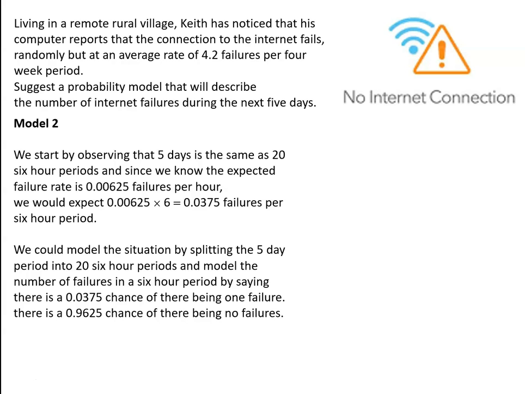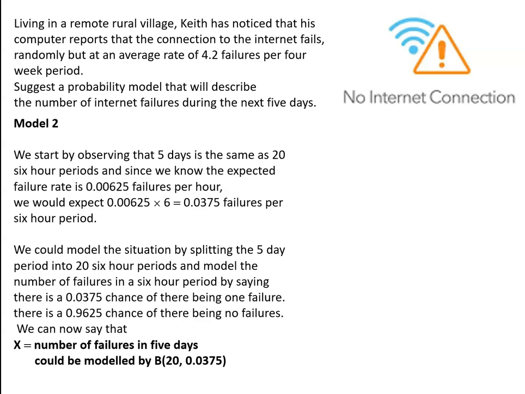And if that's the case, then we can model the number of failures in the 5-day period by saying that x is binomial with n equals 20, because we've got 20 6-hour periods, and the probability of a failure in any 6-hour period we're saying is 0.0375.